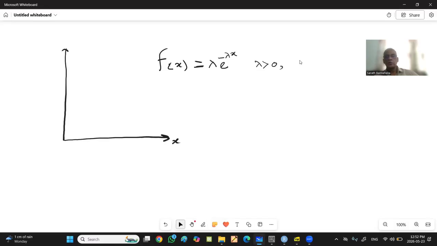It is the parameter, called the scale rate parameter, and then x has to be greater than or equal to 0.